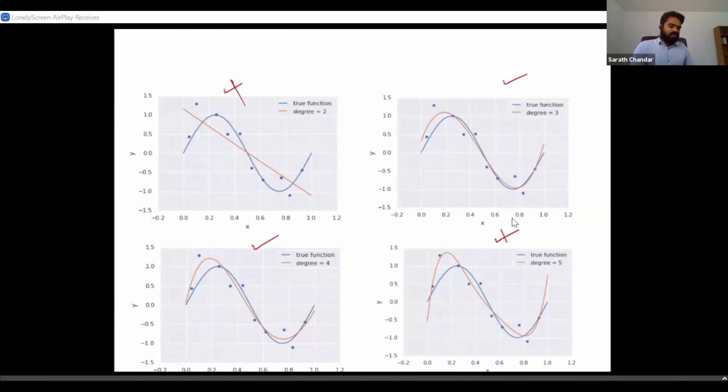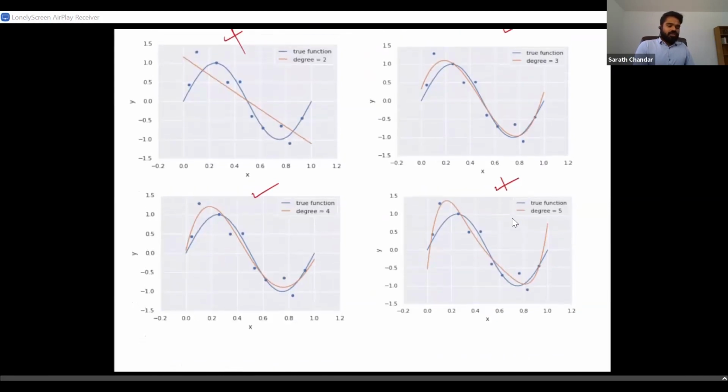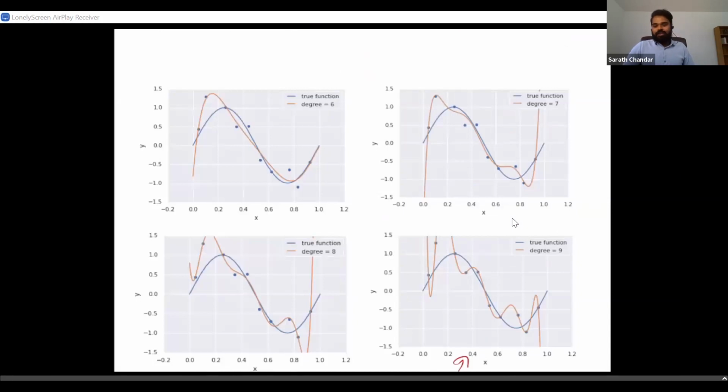We looked at the solution for various degrees. You can see that degree equal to 2 still looks like a line. Degree equal to 3 or 4 looks close to the true function. And from degree equal to 5, if you look at 6 or 7 or 8 or 9, the function that the polynomial regression is learning is deviating from the true sine function, right?